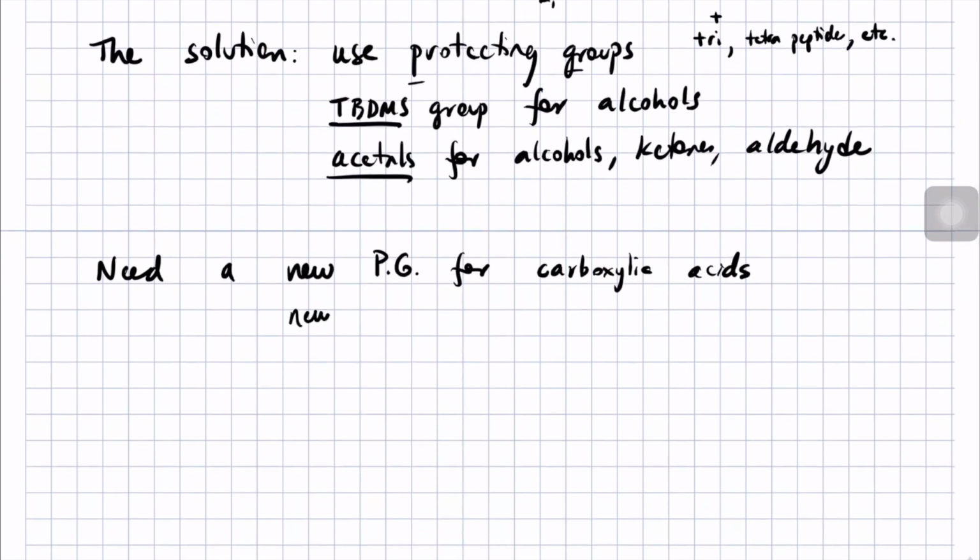And we're going to need a new protecting group for amines.